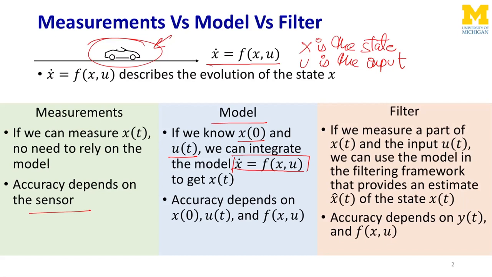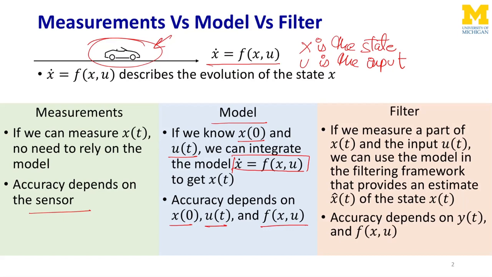Of course, the accuracy of the state estimate in this approach is going to depend on the quality of the knowledge of the initial condition, the input, and of course, this dynamics map, the function f of x and u.